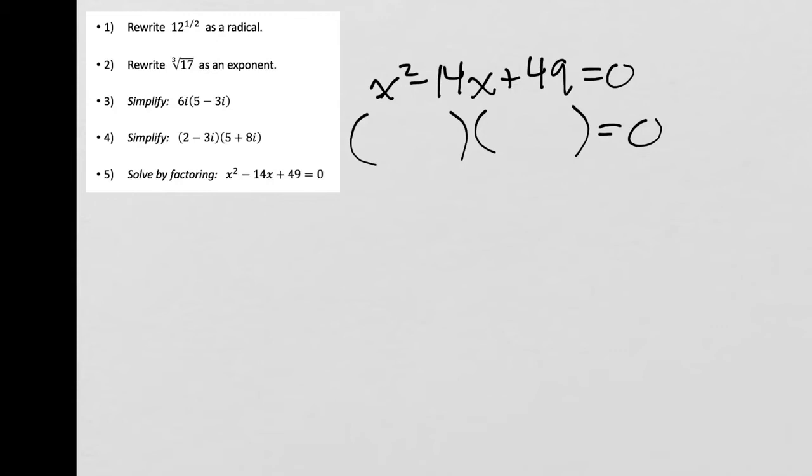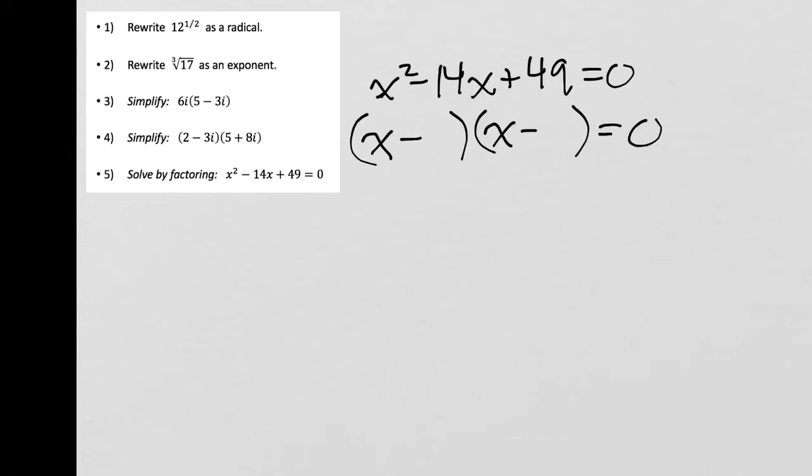Since there is no coefficient here, that implies that there's a coefficient of 1, so you start out with an x here and an x here. Since this is minus, but this is plus, this plus means that my signs are going to match, and this minus indicates that they're both going to be minus. So I'm going to put a minus here and a minus here.